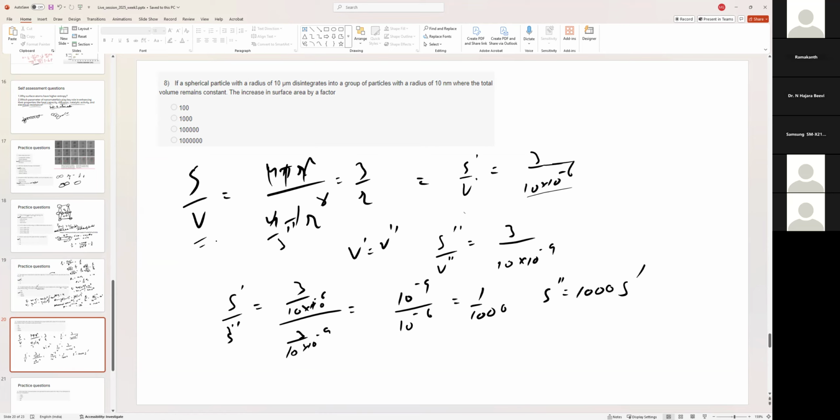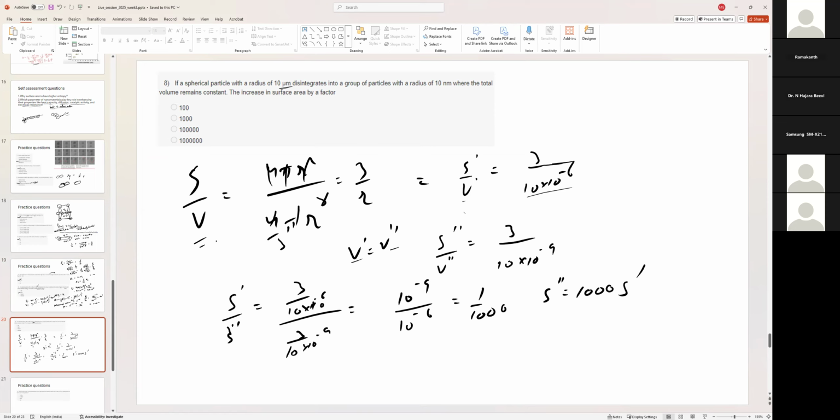Initially you have a surface to volume ratio of 3 over 10 into 10 to the power minus 6, for the 10 micron particle. And finally, you have a surface to volume ratio of 3 divided by 10 into 10 to the power minus 9.